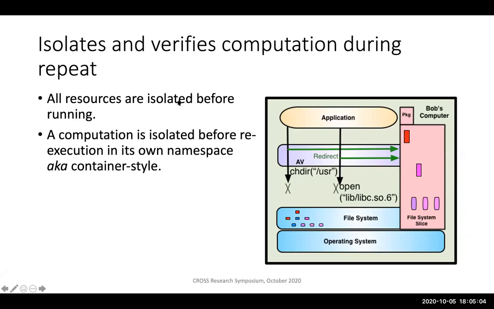That means it's run in its own namespace. Before we start the application, we isolate the application, its CPU, we isolate the network namespace, and so the new application is run in kind of the container style.